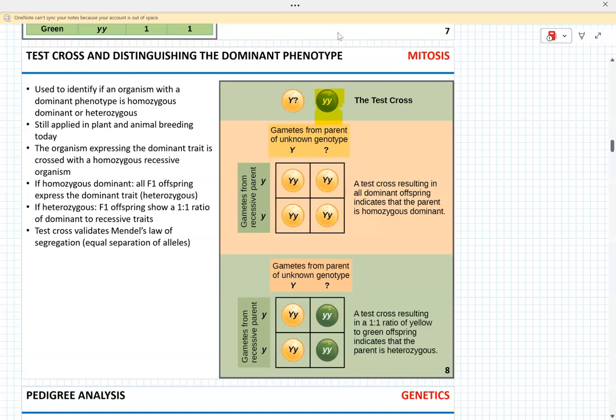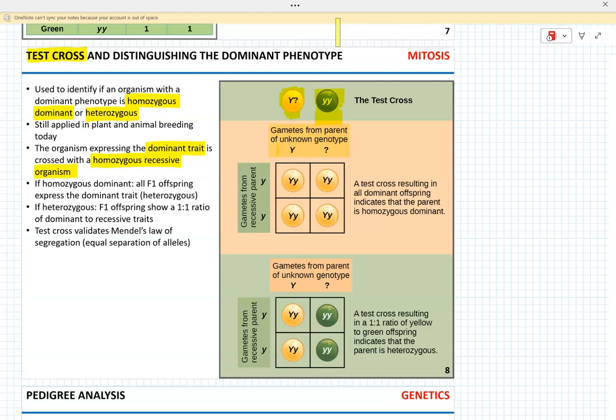However, a plant with the dominant phenotype can be either homozygous dominant or heterozygous. To check which one it is, we can use what's called a test cross. The organism with the dominant trait is bred with a homozygous recessive organism.